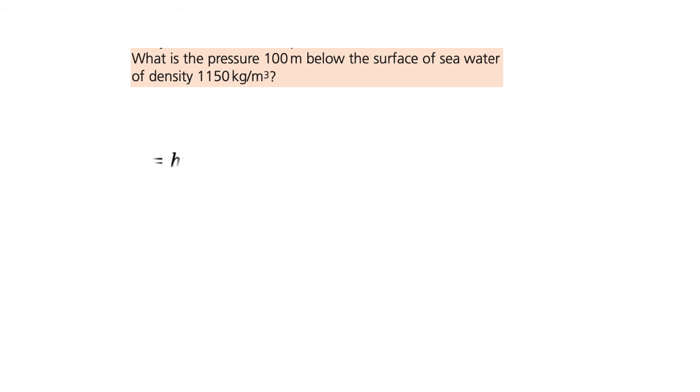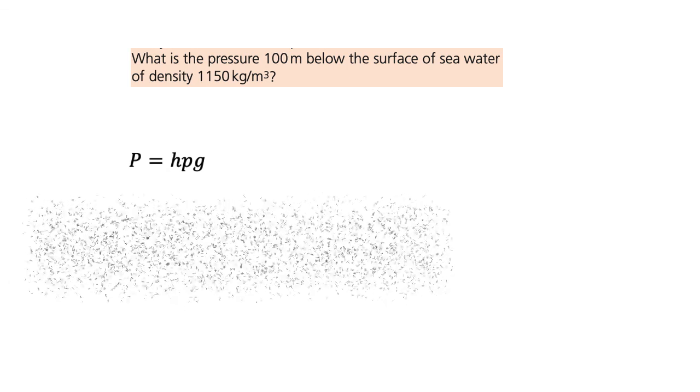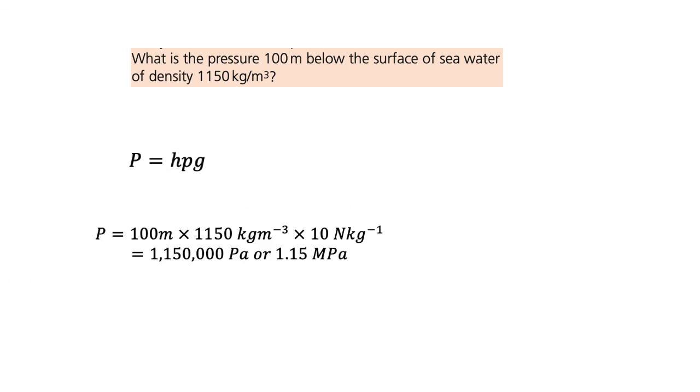So our formula that we're working with, pressure is equal to H, which is depth, multiplied by density of the water in this case, multiplied by G. So if we apply all of that, we get that pressure is equal to a depth of 100 meters times the density, which is 1150 kilograms per meter cube, multiplied by G, which is 10 newtons per kilogram. And multiplying all of that, we get 1,150,000 pascals, or if we remember our prefixes, 1.15 million pascals or megapascals.